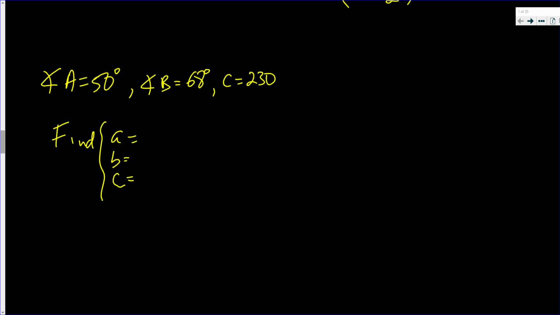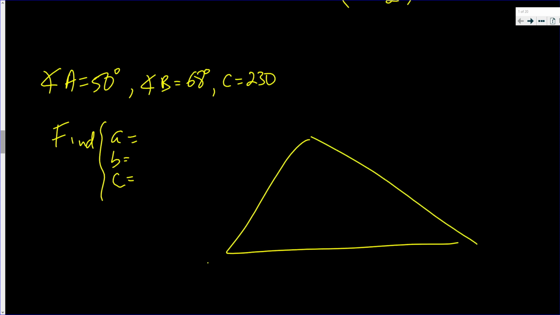So we draw a triangle: A, B, C. A is 50, B is 68, and little c, which is opposite big C, is 230.